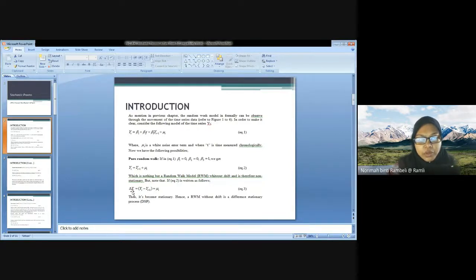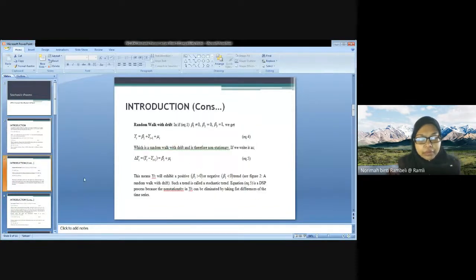And the model is y_t equals y_(t-1) plus white noise error term. That is equation 3.